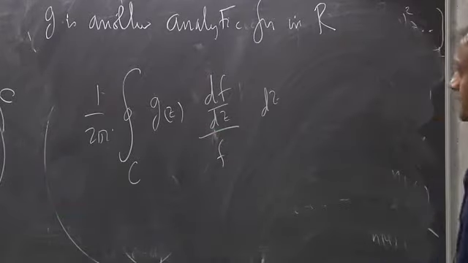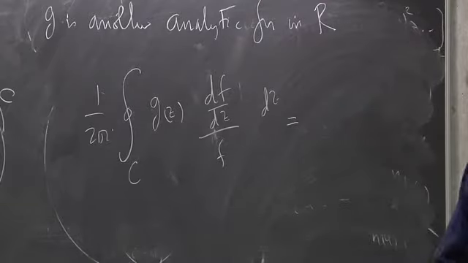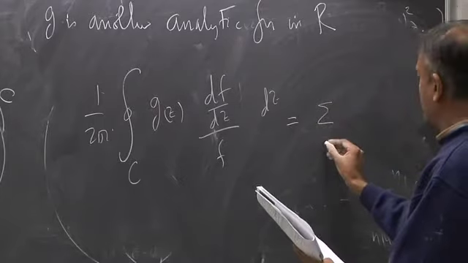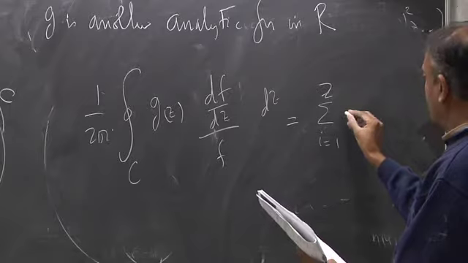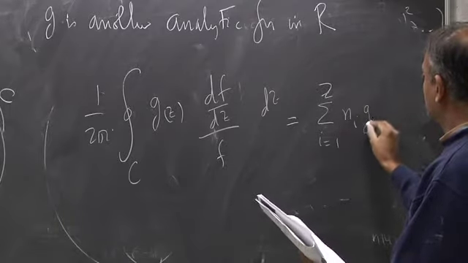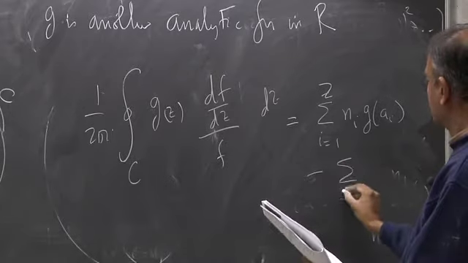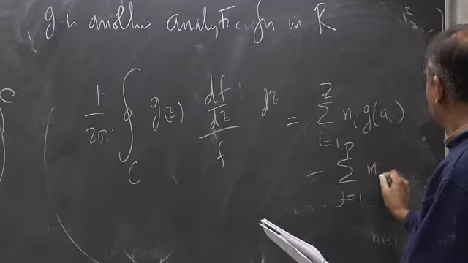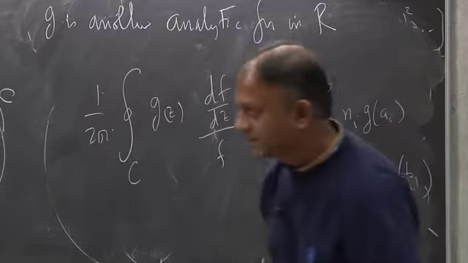The statement is that this is equal to the sum over i equal to 1 to z of ni g(ai) minus the sum over j equal to 1 to p of mj g(bj).